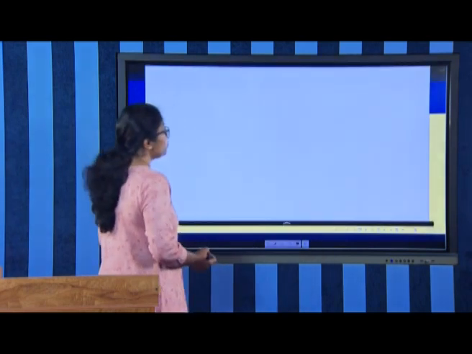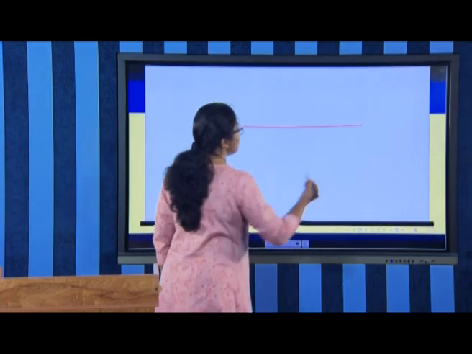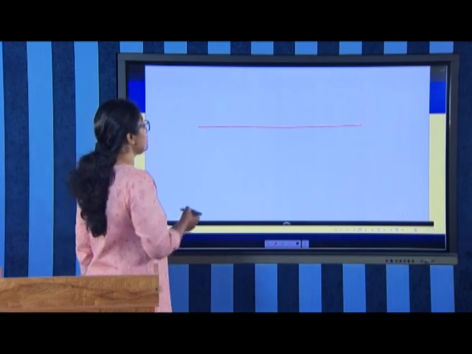For example, as we have seen, the real numbers can be arranged on a real line.